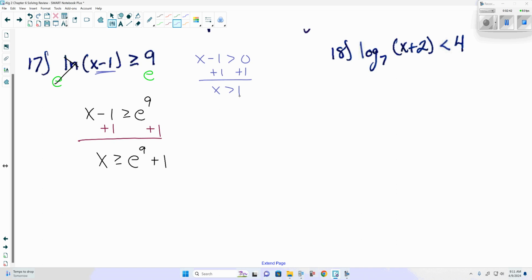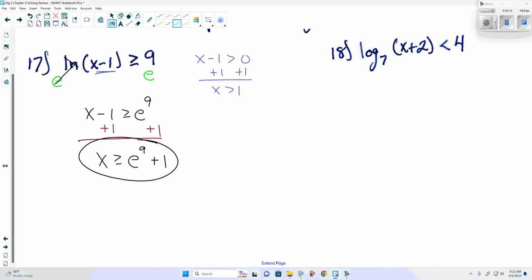Is that value greater than 1? Yeah. We don't need it. And there's not a problem on the test that needs that restriction either, so you don't even have to worry about it. I made sure they didn't show up on the test, so you're not having to second guess or think about that. So x is greater than or equal to e to the 9th plus 1. That's our final answer. Questions on this here?